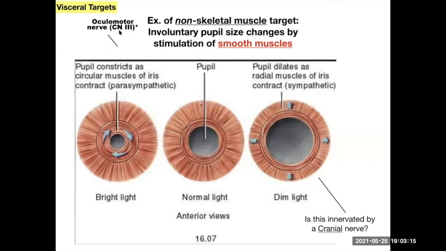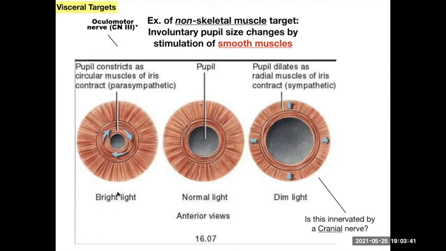However, your oculomotor neuron, cranial nerve number 3, also innervates the constriction of your pupils. So your pupils have these layers of smooth muscle around here, an internal one and an outer one, these radial muscles over here, which when you stimulate them, they constrict, and your pupils get smaller.